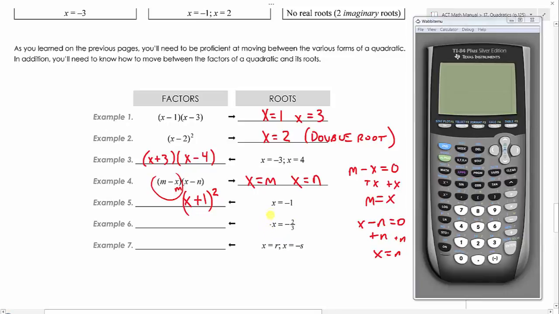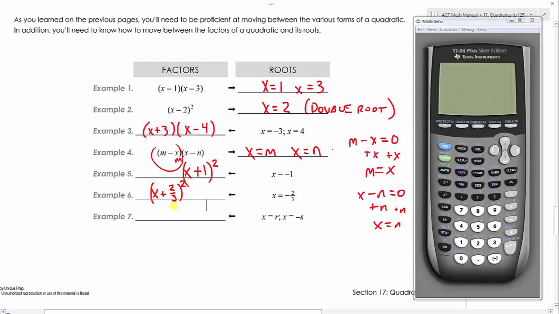This is a quadratic, so we know this is a double root. So this would be x plus 2/3 squared. You may remember from a previous example, I did say that we could clear this fractional term by multiplying through by the denominator. So this would actually also be 3x plus 2 squared. That would work as well.